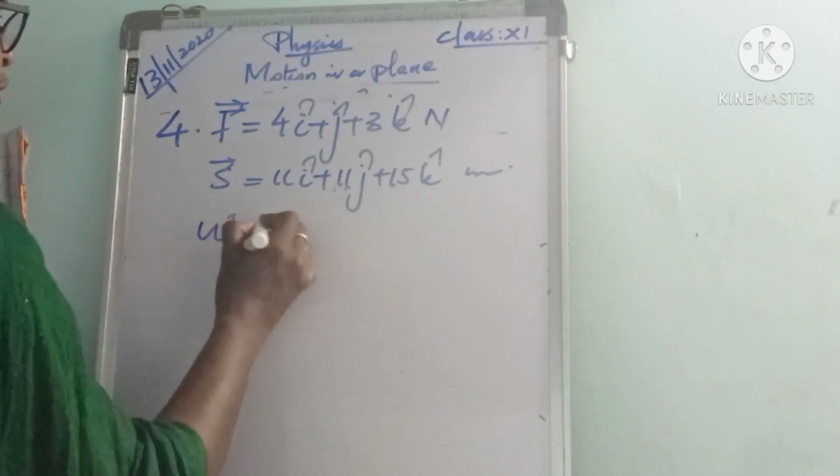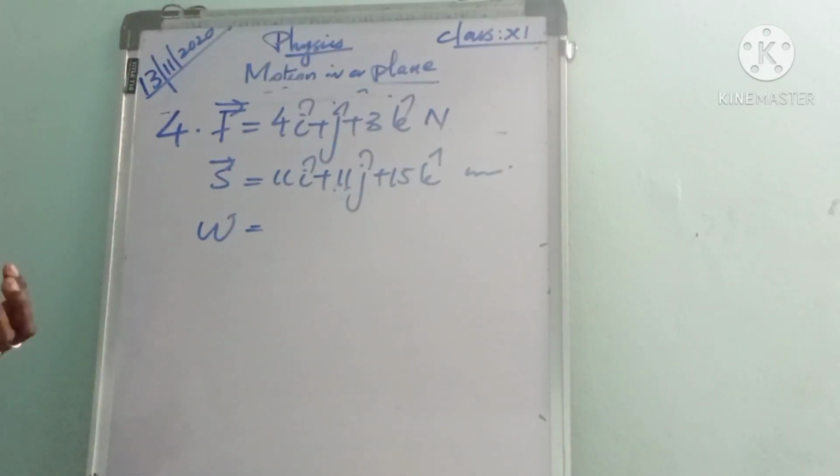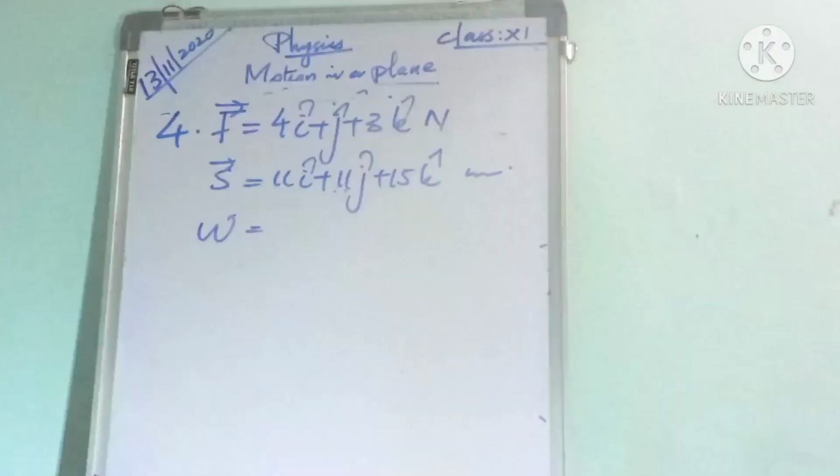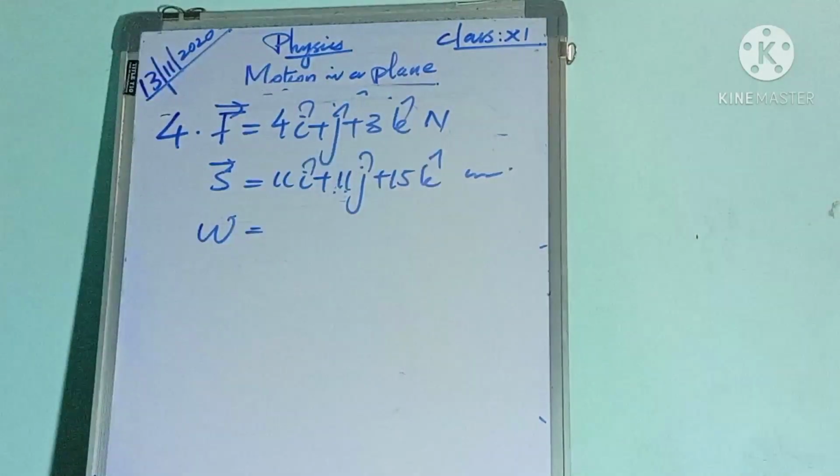You know the equation for work done. What is work done? Work done can be represented as the dot product of force and displacement.